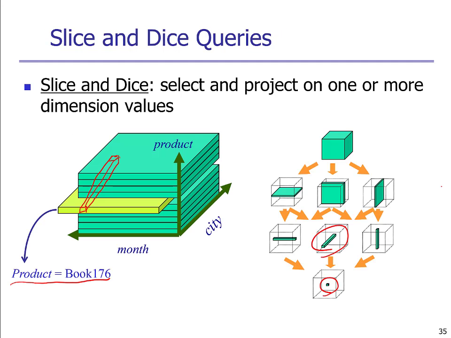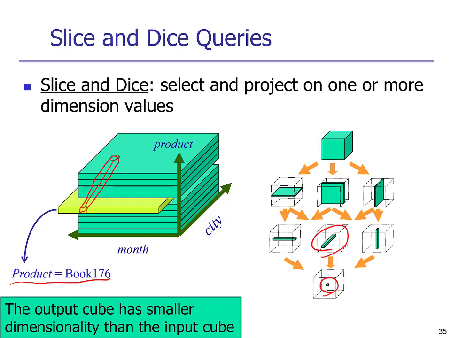But when we do a slice, we just select this piece of data with a specific value of the product dimension, rather than do the aggregation. So that is the difference between slice or dice and roll up.